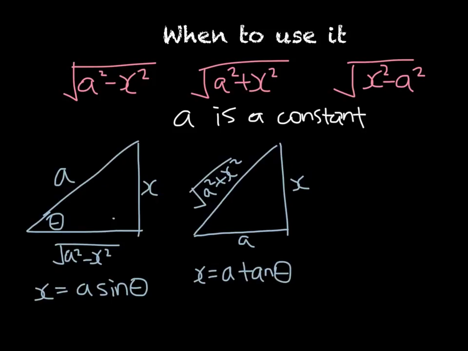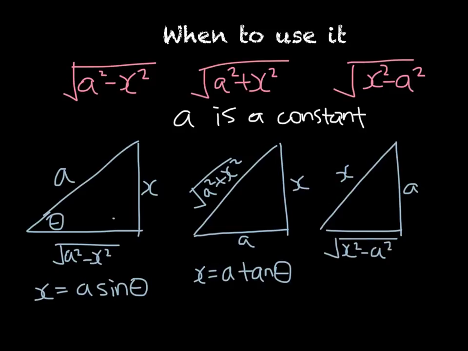Now in the last case, we have x as the hypotenuse, a as one of the legs, and the square root of x squared minus a squared. And so we have x equals a over sine theta.